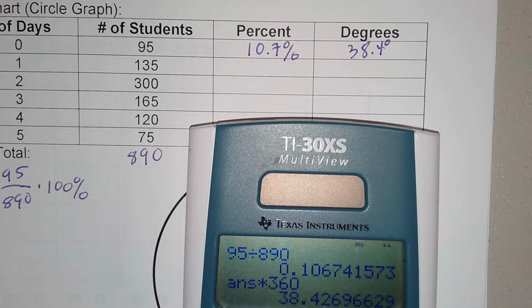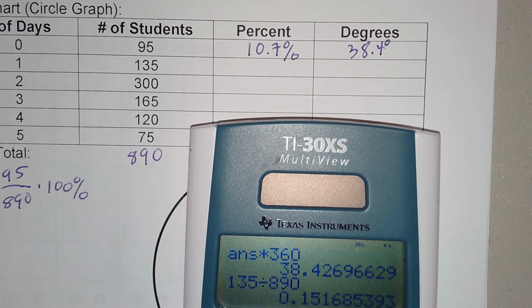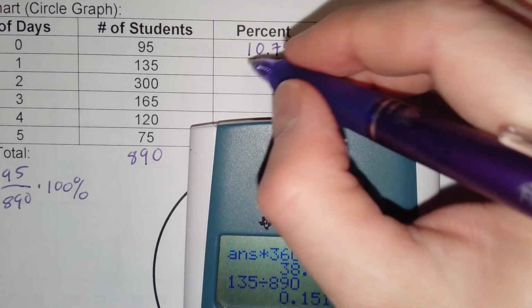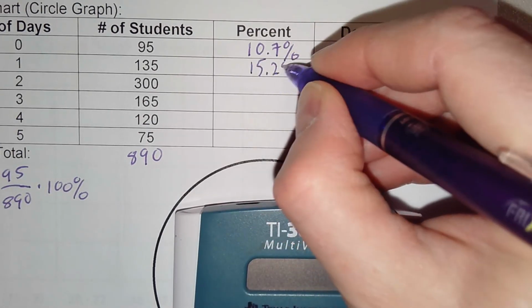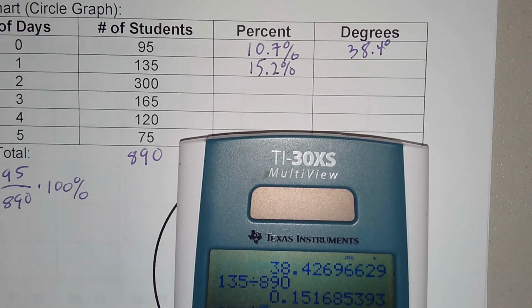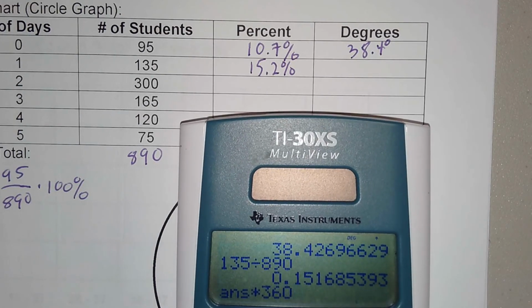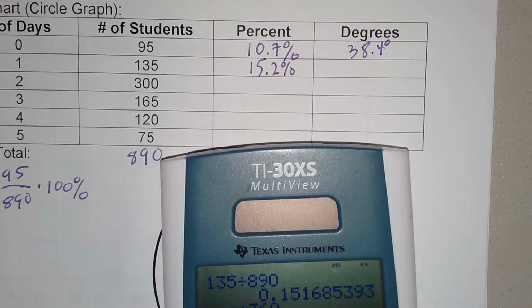And then we're going to do 135 divided by 890. So that's about 15.2%, excuse me. And we're going to multiply by 360. So that's 54.6 degrees.